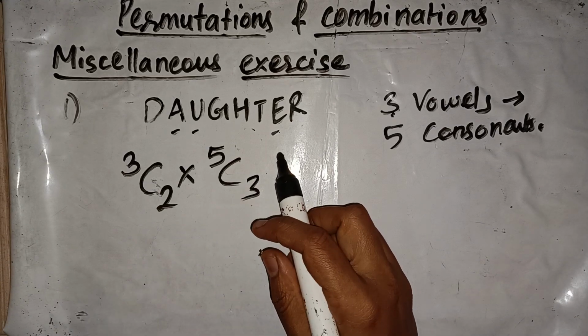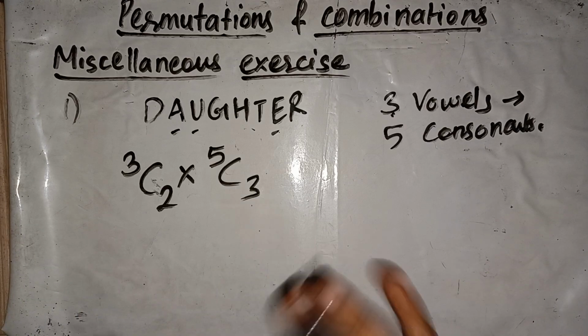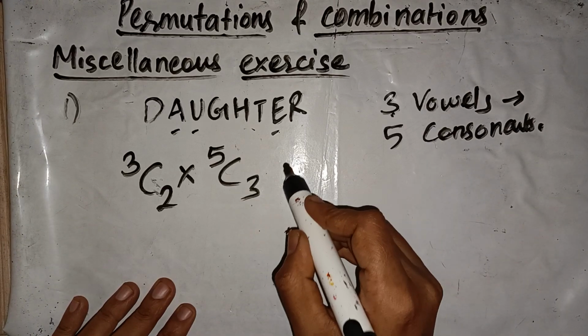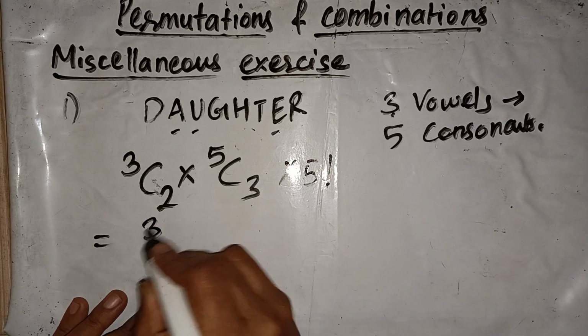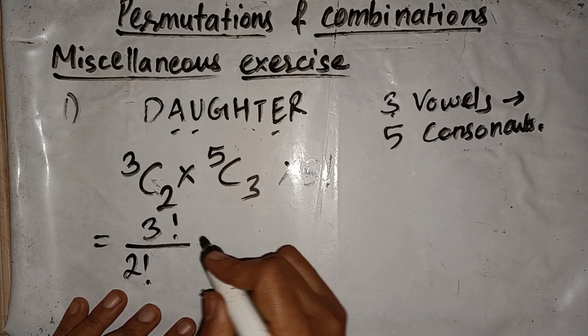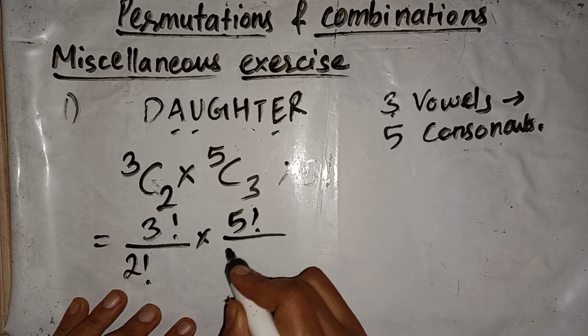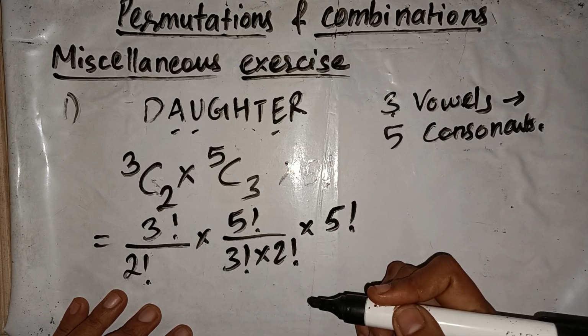Okay. Now this is with or without meaning. So this 5 letter word can be arranged in 5 factorial ways. So into 5 factorial. So this is 3 factorial upon 2 factorial into 1 factorial, into 5 factorial upon 3 factorial into 2 factorial, into 5 factorial. Okay.